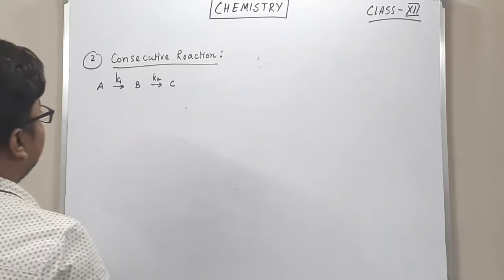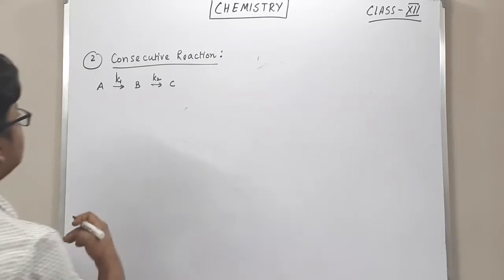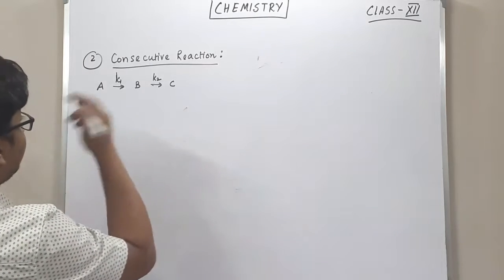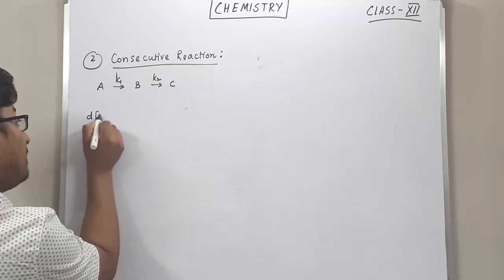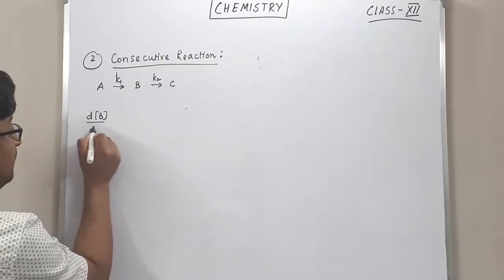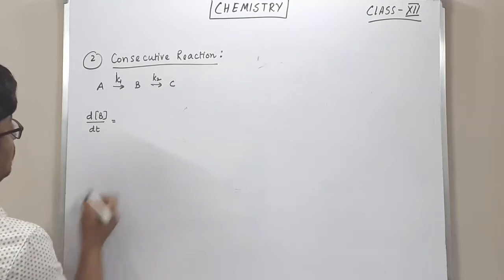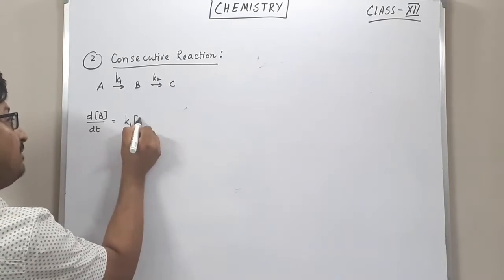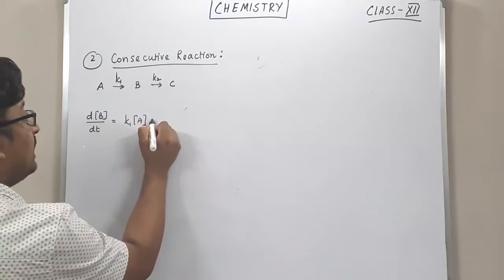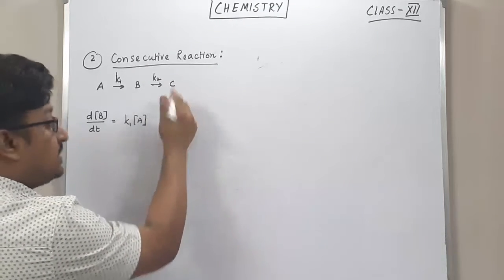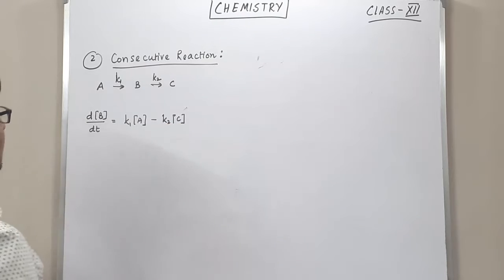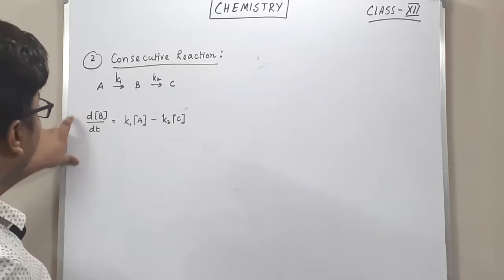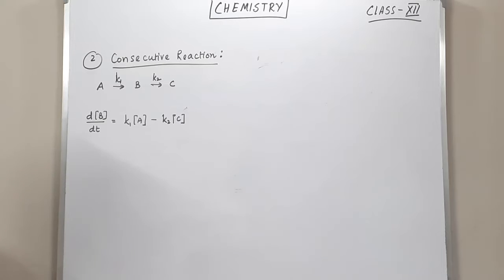If we try to calculate the rate of the reactions, we can say that dB by dt is equal to K1 multiplied by the concentration of A, and since B is depleted to C, we subtract K2 into the concentration of C. Now this is the rate of change in the concentration of the intermediate.